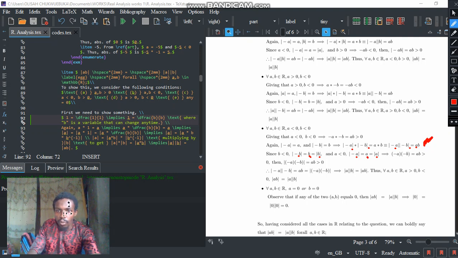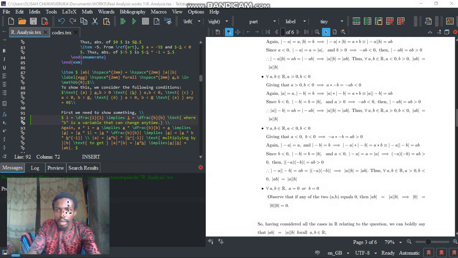And from this second one here now, you see that absolute value of negative A, negative B is still equals to what? AB. So we can just equate all of them together by saying the absolute value of negative A, absolute value of negative B equals to AB, which equals absolute value of negative A, negative B. So thus, having considered this very condition, we can say that for all A and B in R, A less than 0, B less than 0, the condition is satisfied.